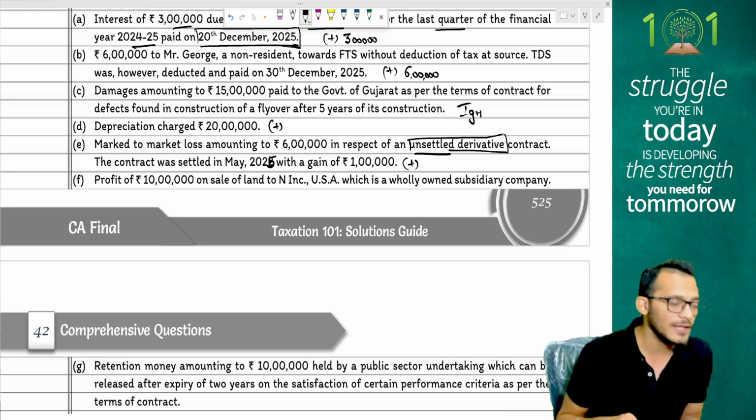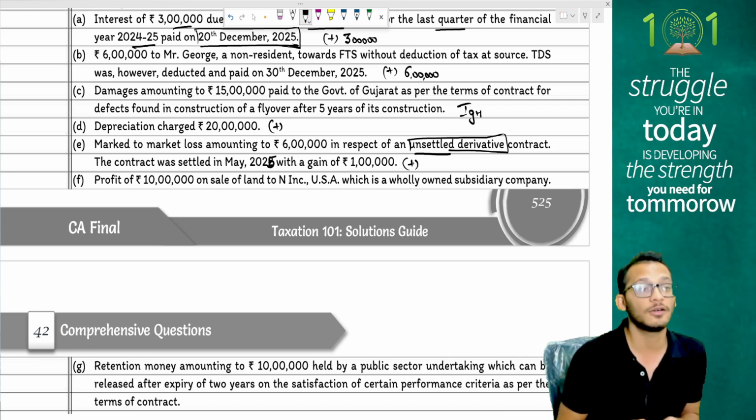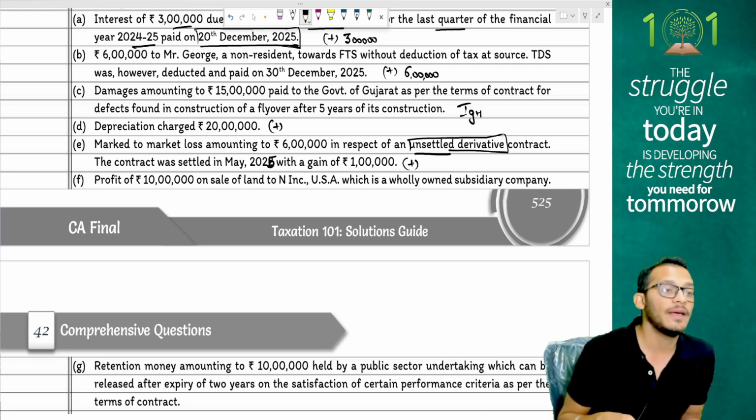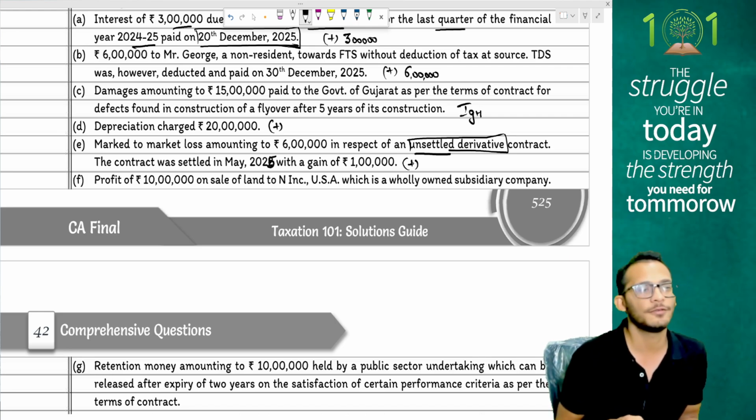Other than that, people, most companies, or at least big companies, will always have a derivative contract, and their MTM losses will be allowed as deduction on accrual basis. The three items you see, the speculation and everything, is something only done by people who are into the trading business. So this is a not allowed case because it's an unsettled derivative contract. I'm doing a speculation here.